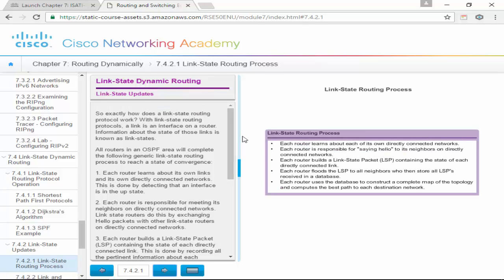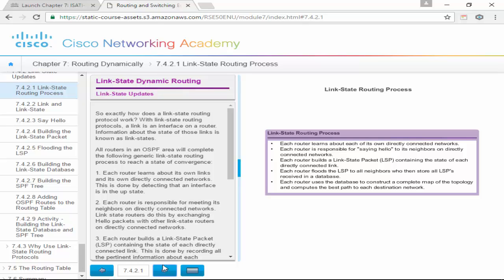With link state routing protocols, each router learns about its own directly connected networks, then it says hello to its neighbors, and builds a link state packet. Then it floods those link state packets and builds a database with a complete map of the topology based on those link state packets that were flooded.